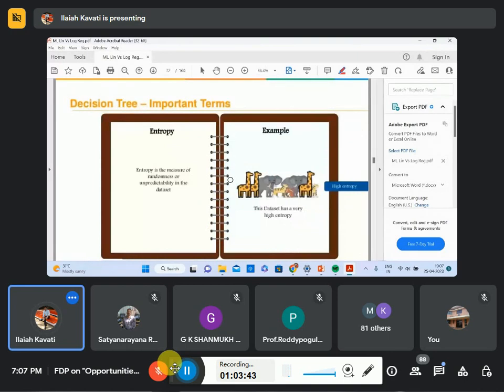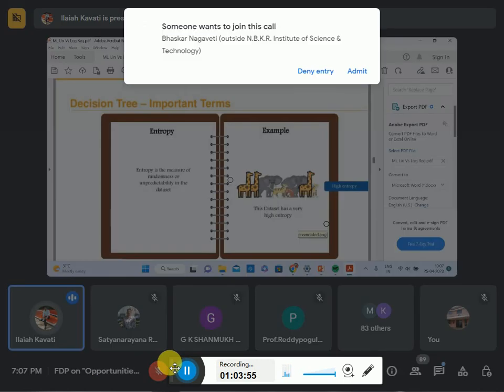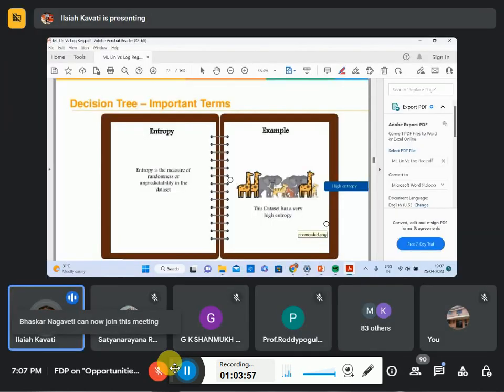Likewise, here there are multiple animals: giraffe, elephant, tiger, mouse, etc. We need to divide them into multiple classes. In one class there are giraffes, in another elephants, and in others tigers and mice. This is called multiple classification.